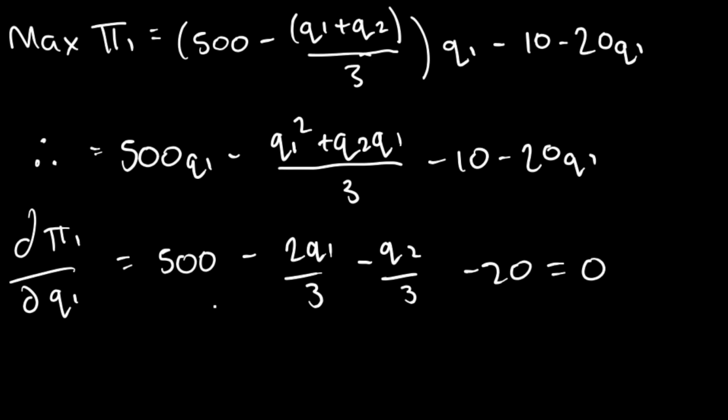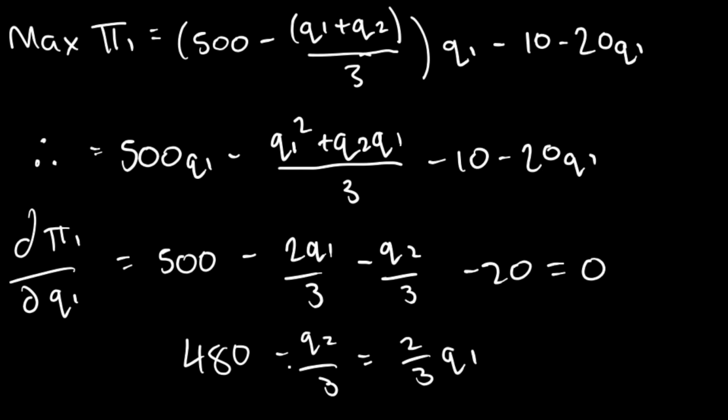So now that we've taken the first order conditions, let's simplify this function a little bit more. This with minus 20 can become 480. We'll take the Q1 all onto the other side so that we're just left with Q1 on one side and Q2 on the other.